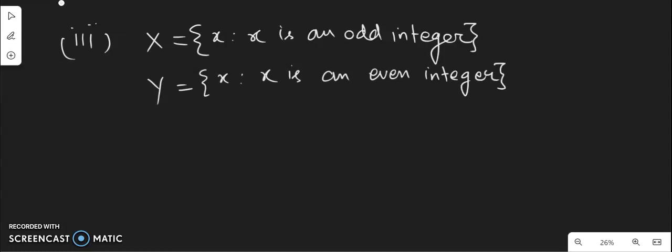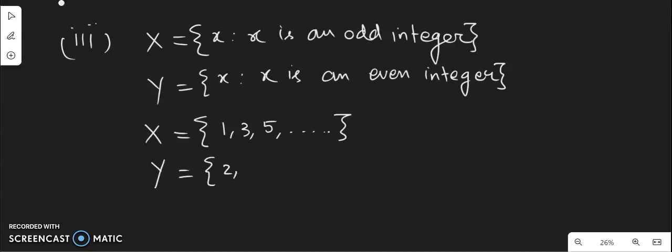So you can simply see, if I tabulate them, X is going to be an odd integer: 1, 3, 5, and so on. It is going to progress something like this. And Y simply is going to be an even integer: 2, 4, 6, and of course in both directions, plus and minus.